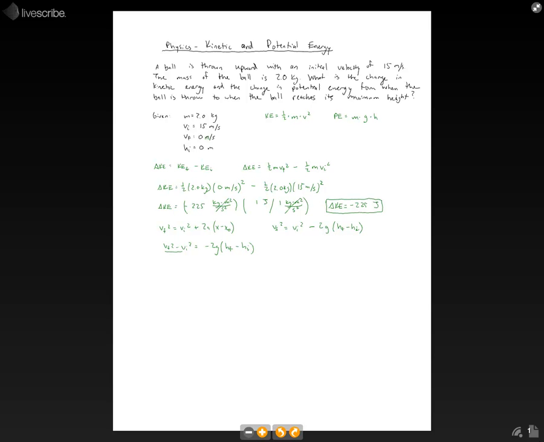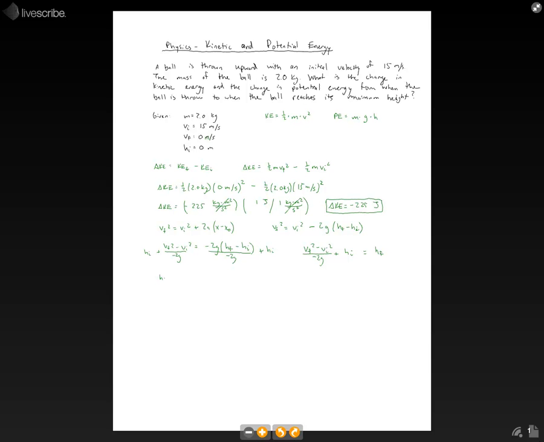Now I'll divide by a negative 2g on each side of the equation, and then I'll add your initial height to both sides of the equation. That should end up just giving you your final height.